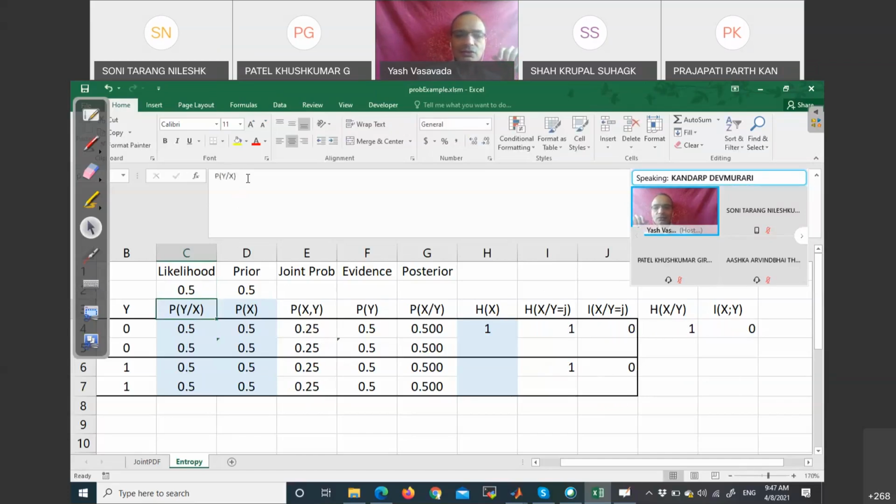Exactly, it should be 0.5. In this case, information transfer becomes zero. And you can see why it became zero, because the prior was half, 0.5, 0.5, and the posterior is also 0.5, 0.5. So when you get either zero or one, it doesn't help you at all. Probabilistically, you are not able to update your belief about what the source outcome is.